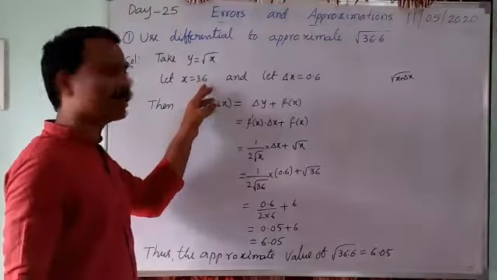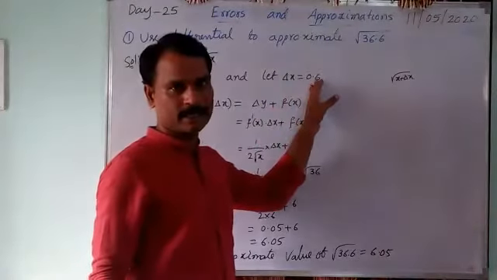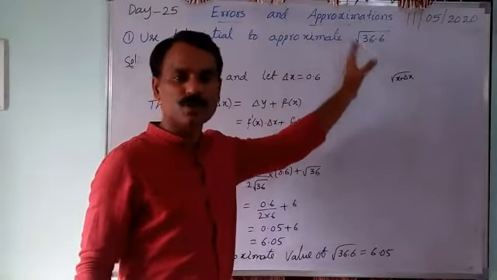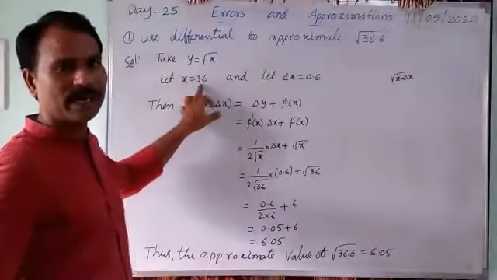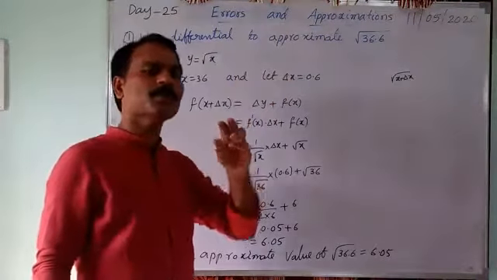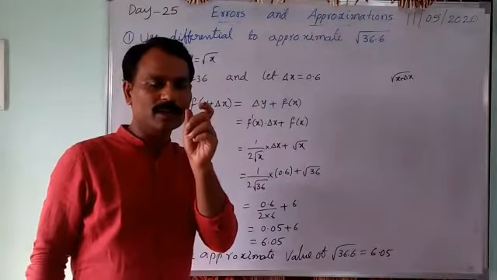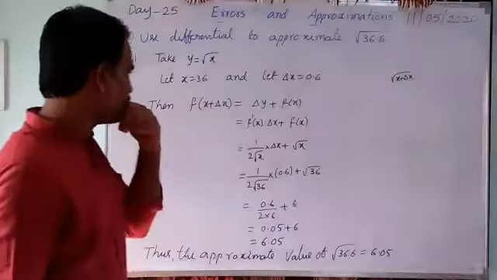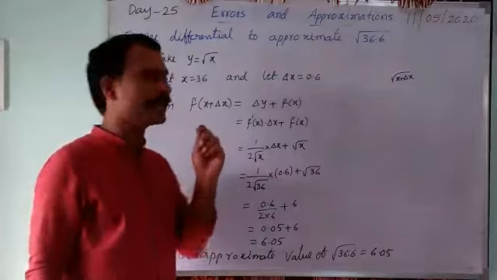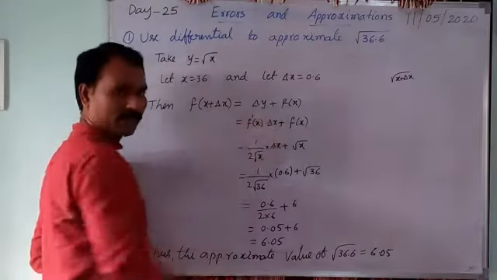If it is not a perfect square, take a nearby perfect square, and whatever the remaining additional part is should be considered as Δx. Here the square root is given, that's why we take the perfect square value. Δx means the change in x, which is a very small value. So let Δx = 0.6. The formula I wrote is f(x + Δx) = Δy + f(x).